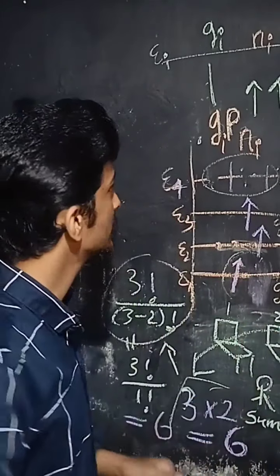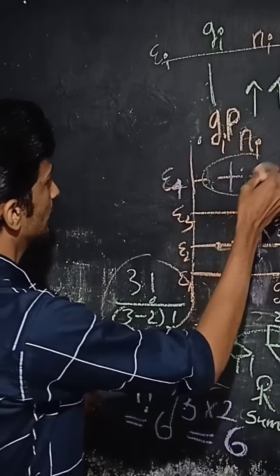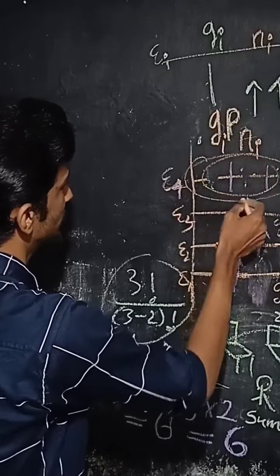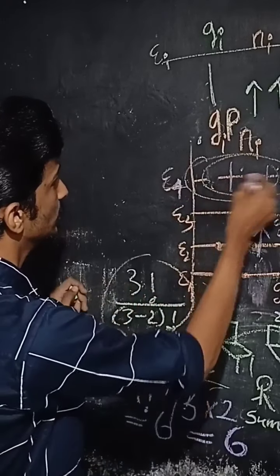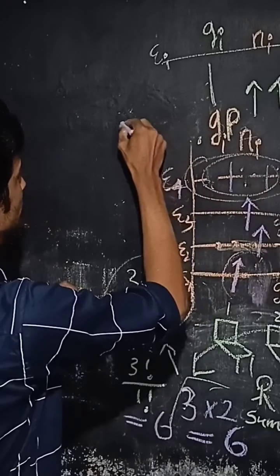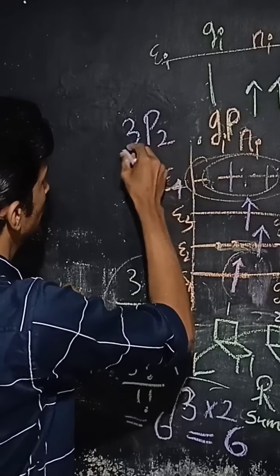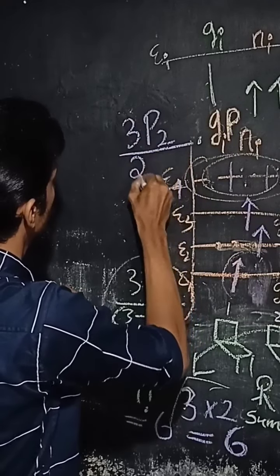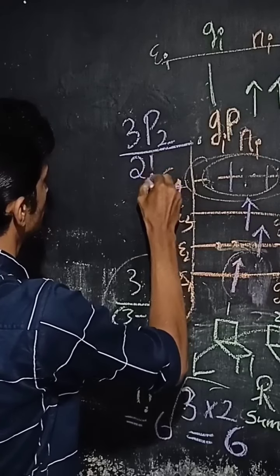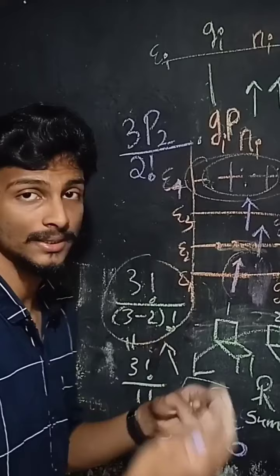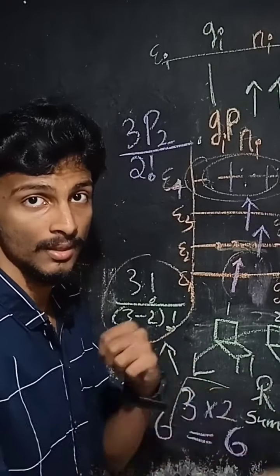So the number of ways we can put 2 particles into these 3 states is 3P2, which we already studied, divided by 2 factorial. 2 factorial is the number of arrangements that 2 particles can make among themselves.